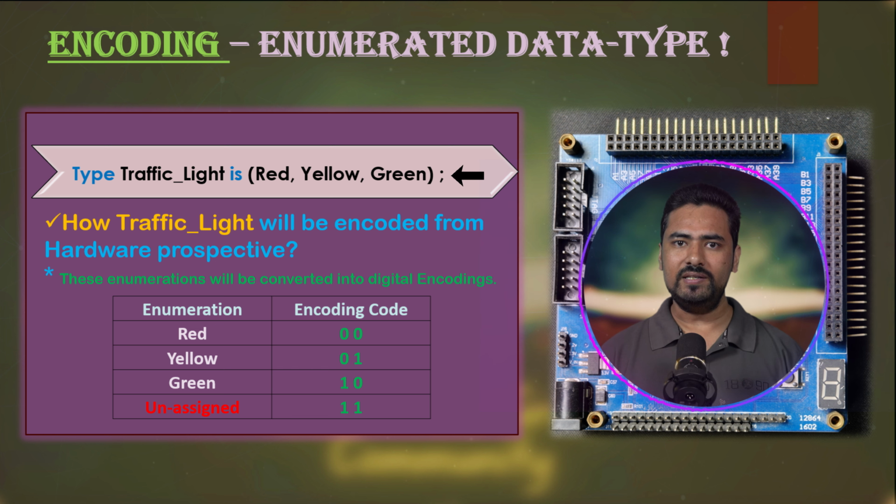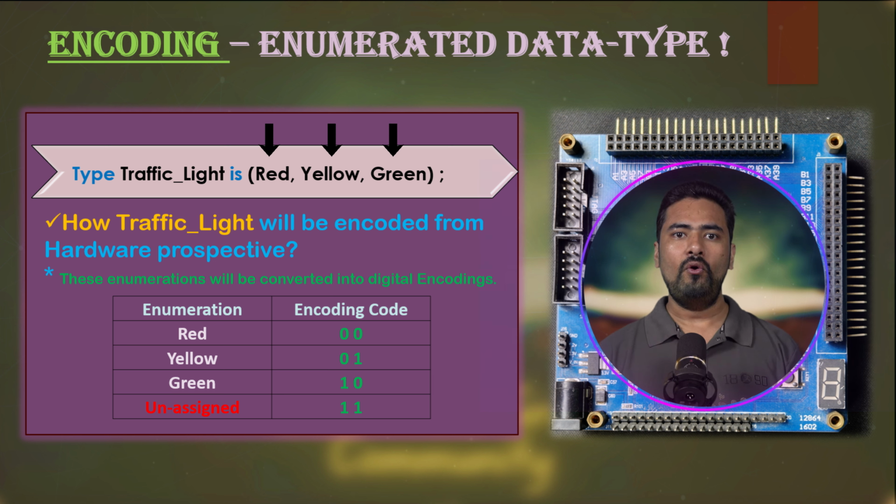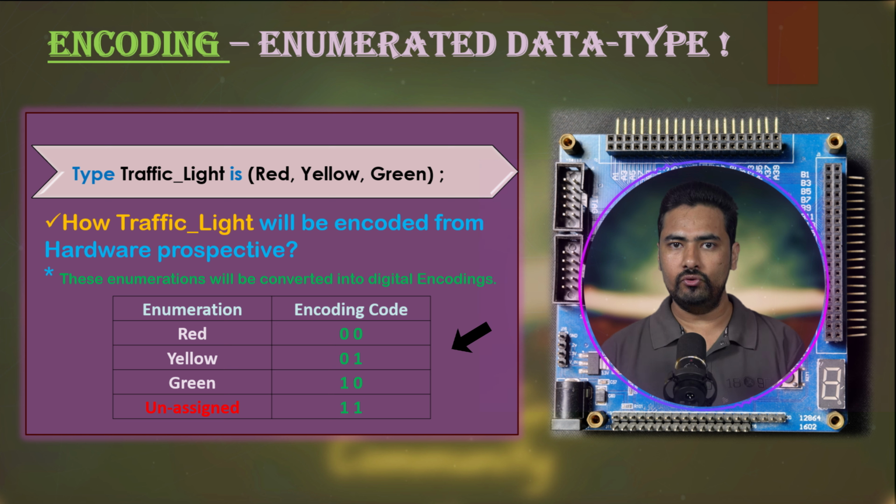Now the question is, how many flip-flops? To encode three different states like we have here, red, yellow and green, we need a minimum of two flip-flops. This is because each flip-flop can store a single bit, either 0 or 1, and two bits can represent four unique combinations, that is 2 to the power 2 equals 4.